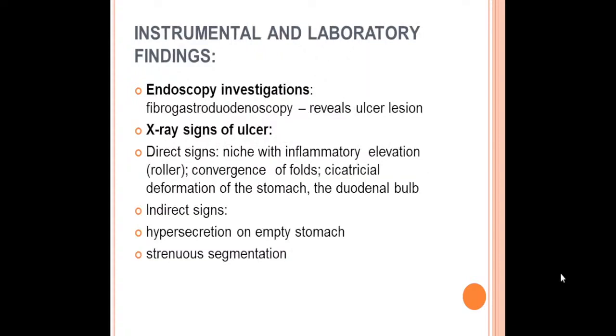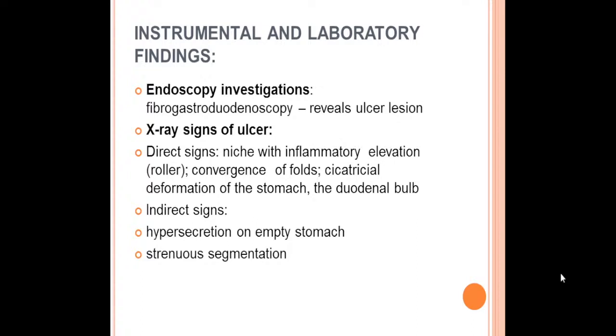Instrumental and laboratory findings in a patient with ulcer disease. First of all, it is endoscopic investigation, fibrogastroduodenoscopy, which reveals the ulcer lesion.